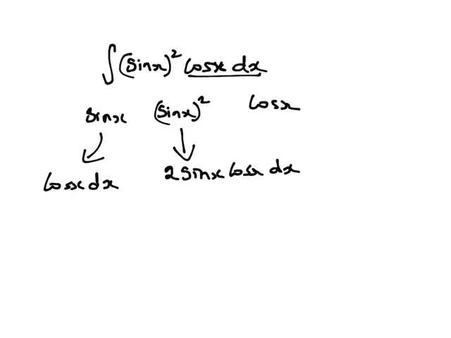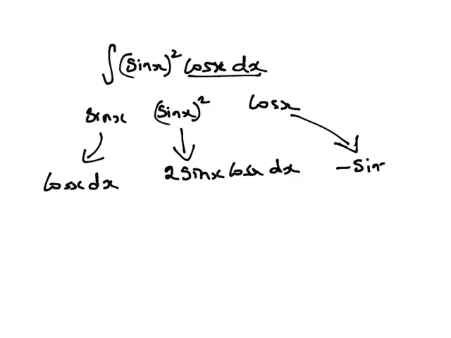Which will be a problem here. So if I take cos x, then the derivative is minus sin x dx.